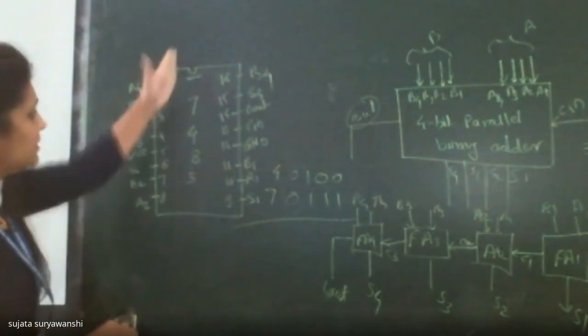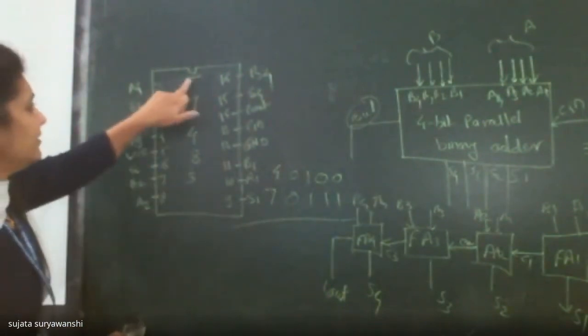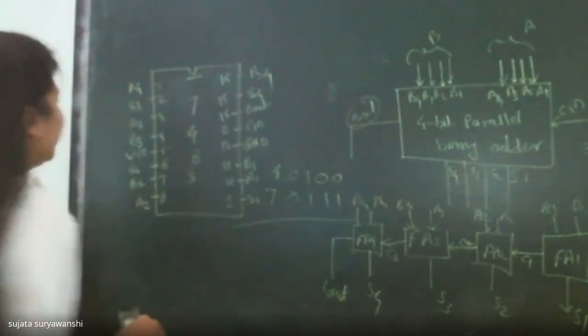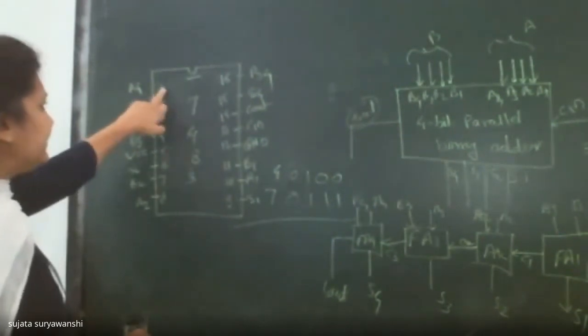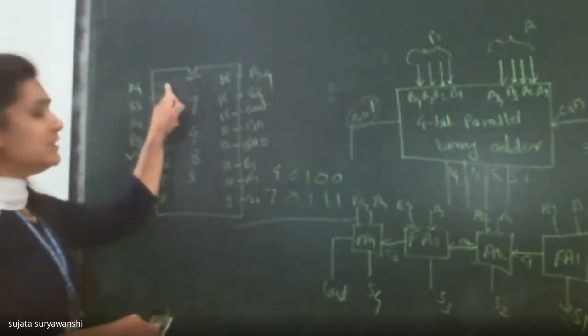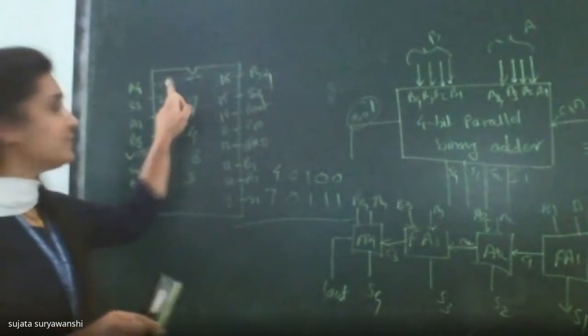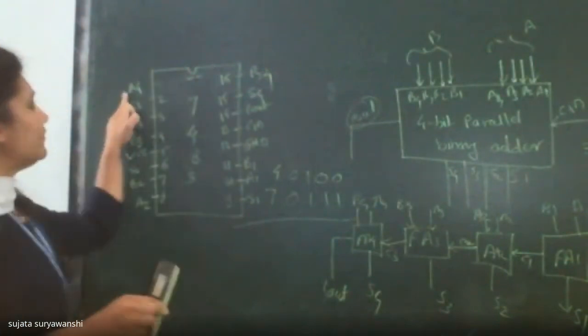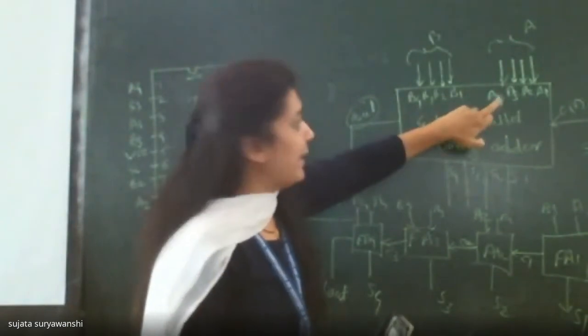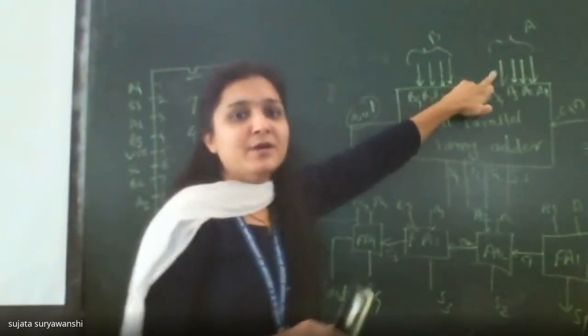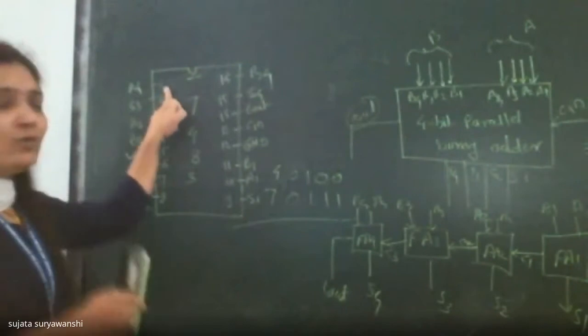So this is your IC. Then the right side or the left side of this knob indicates your pin number first. So your pin number first is for A4. A4 means what? This is your A4. So the MSB bit of the A number should be connected to the first pin.